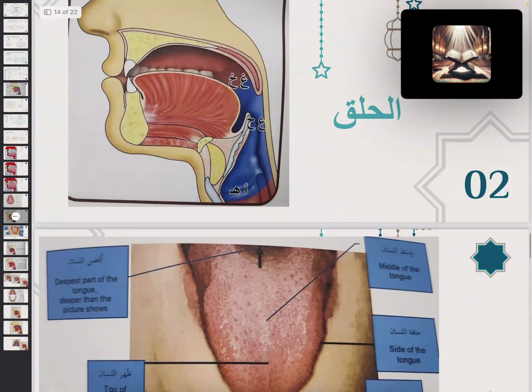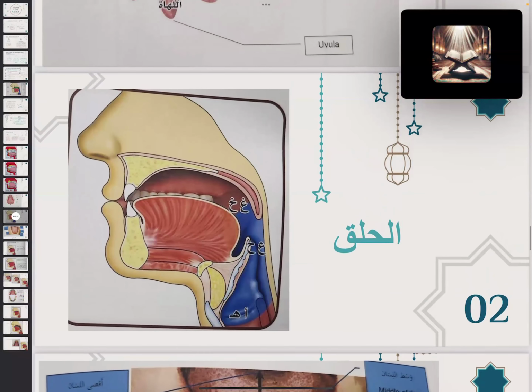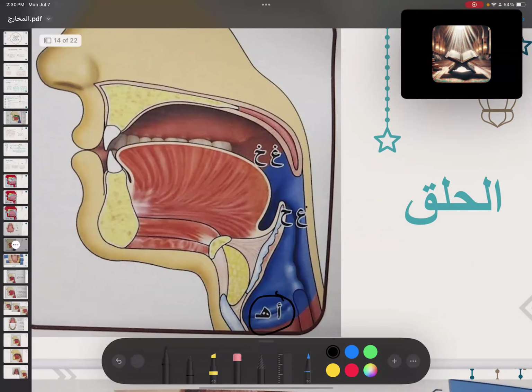Okay. Now we're going to go on to the حلق. So look at this picture. You can see there are the 6 أحرف تبع الإظهار. We have Hamza and Ha in the deepest part of the حلق. We have Ain and Ha in the middle. And Ghain and Kha at the top part of the حلق.